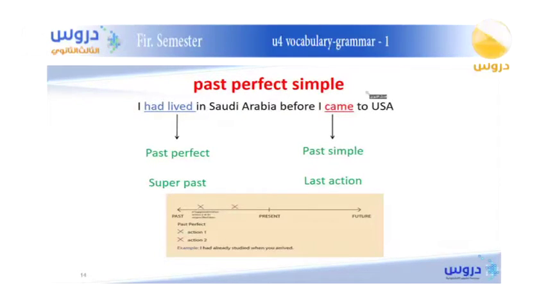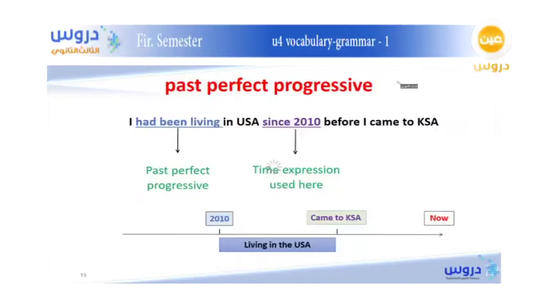Yes, you're right, Shuruk. Action after action in the past, but one further back than another. You're right, absolutely right, Aya. Excellent. Good. The main thing you can notice between past perfect simple and past perfect progressive, what can you see? The main thing, the ing, excellent, and then also ing. Okay?